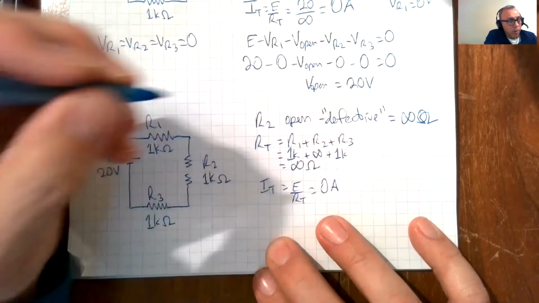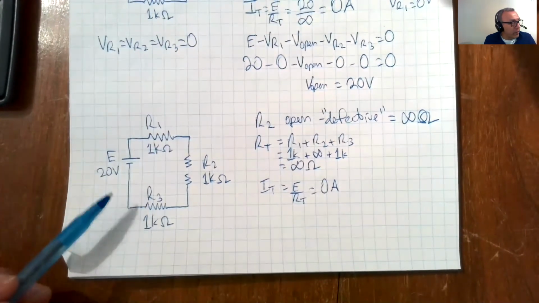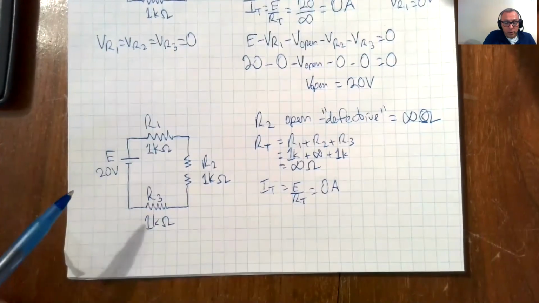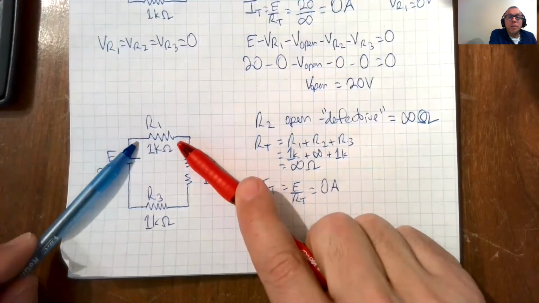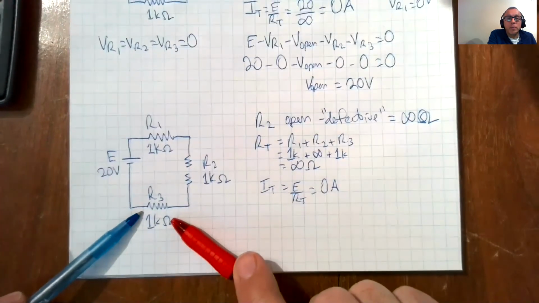Okay, so what happens now? We go around this circuit. IT is equal to 0, so VR1 is going to measure 0. VR3 is going to measure 0.